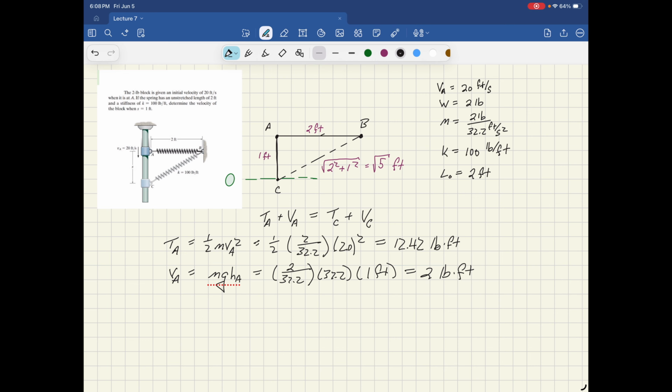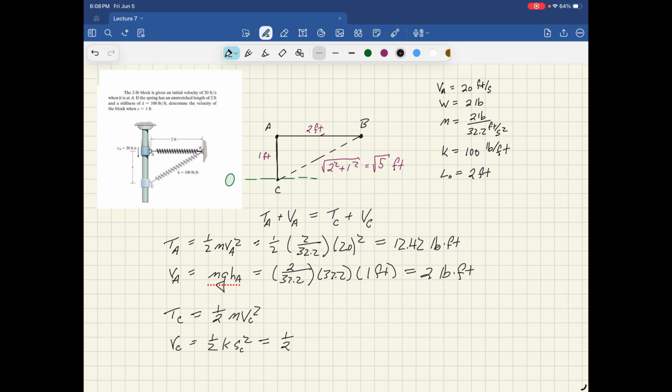Okay, at location C, at T_C, we don't know the velocity. That's what we're looking for. So it's 1/2 m v_C squared. And the potential energy will just be spring potential energy because it's going to be at the datum. So V_C will just be 1/2 k s_C squared.